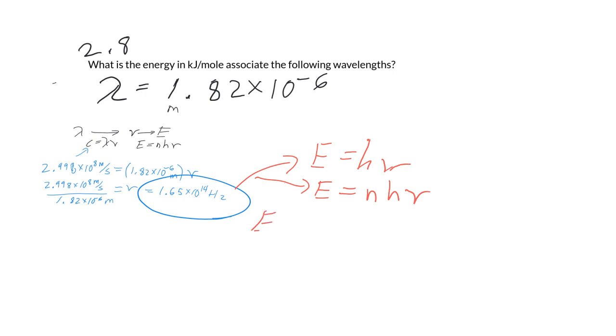So what is N? N is the number of photons. Well, if we're wanting energy in kilojoules per mole, how many photons do you think we have? Well, we have 6.022 times 10 to the 23rd.